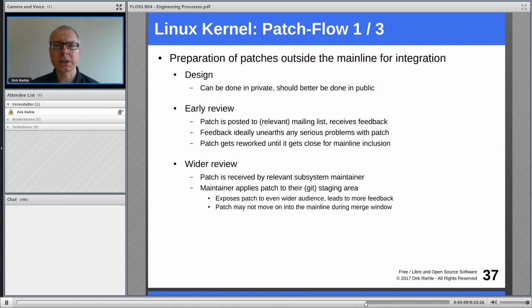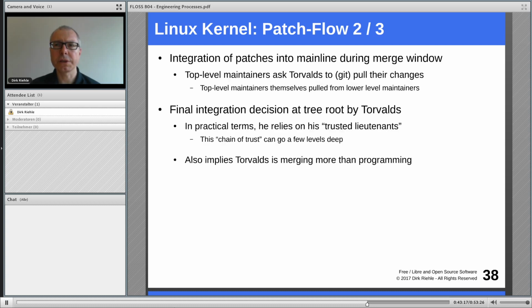And it's all, in particular in the case of the Linux kernel, managed through Git as the distributed version control system of choice here. If it makes it all the way to Linus Torvalds, which if things are done right, it will eventually do, then it will be entered into the main line during the merge window.